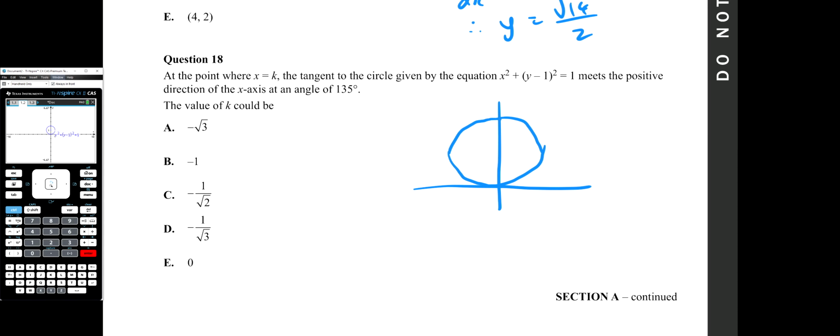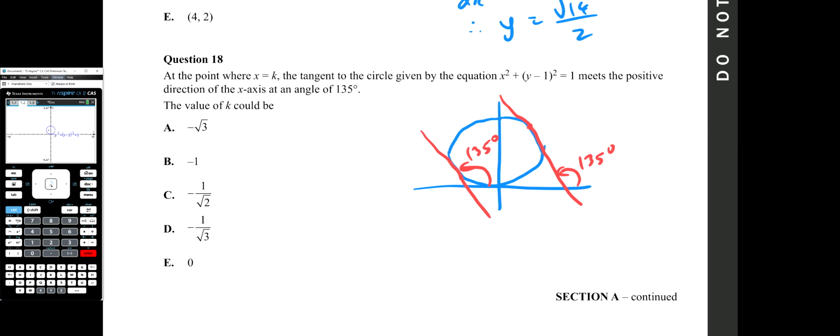Okay. So we have a tangent that meets the positive direction of the x-axis at an angle of 135. Right, so there's two possible tangents. One up here. There you go. So that right there would be 135 degrees. But there's also another point diametrically opposite, exactly the same thing. That will also be 135 degrees.